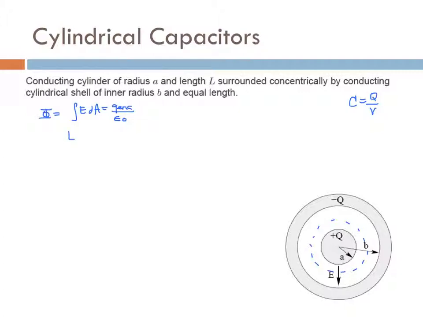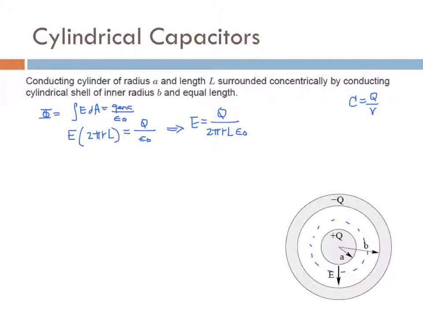Again, it's going to be a constant, so I'm going to pull that out. My area, in this case, is a cylinder, but we're seeing a side view, so this is 2 pi r L. My charge enclosed is positive Q. And then we have epsilon naught. So my electric field is equal to Q over 2 pi r L epsilon naught.